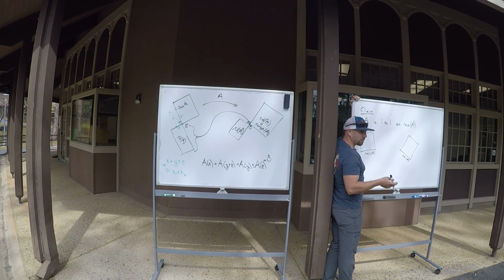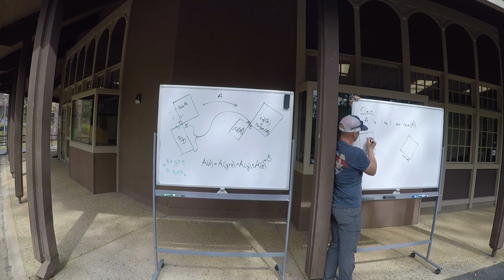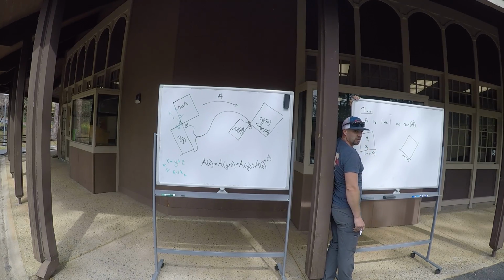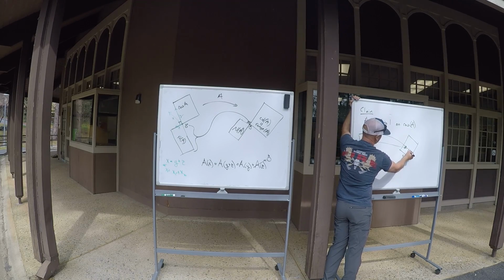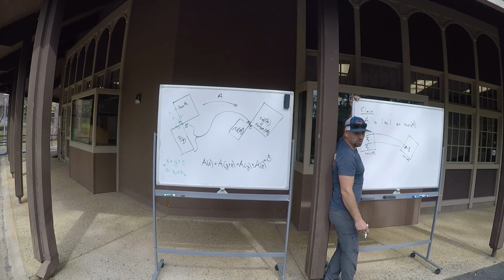Okay, so my concern about one-to-oneness is maybe there are two vectors, x row 1 and x row 2, that both go to the same place. I'm going to call that vector B, because that's my usual for things on the range side. You guys with me?